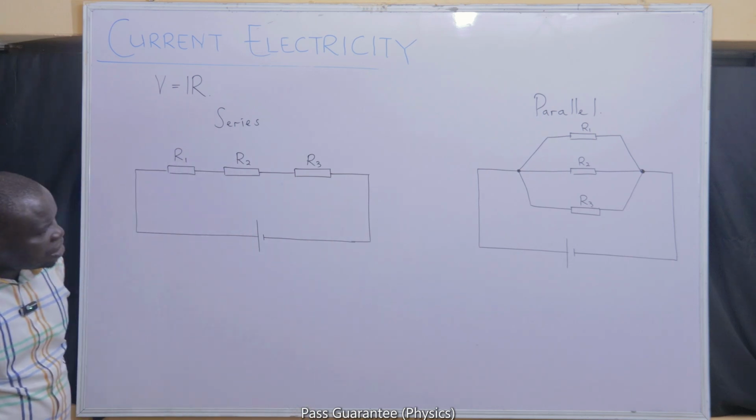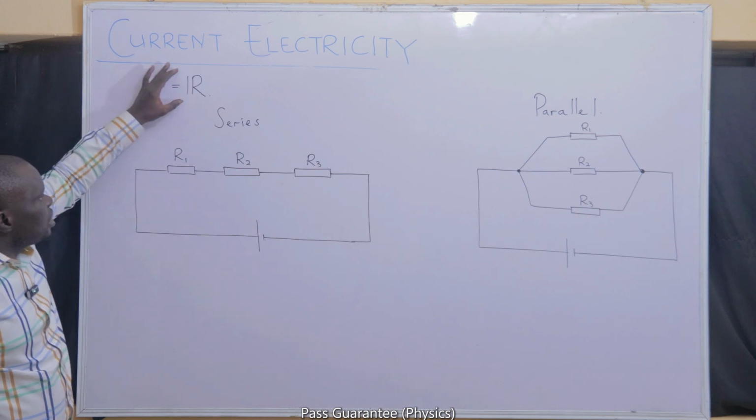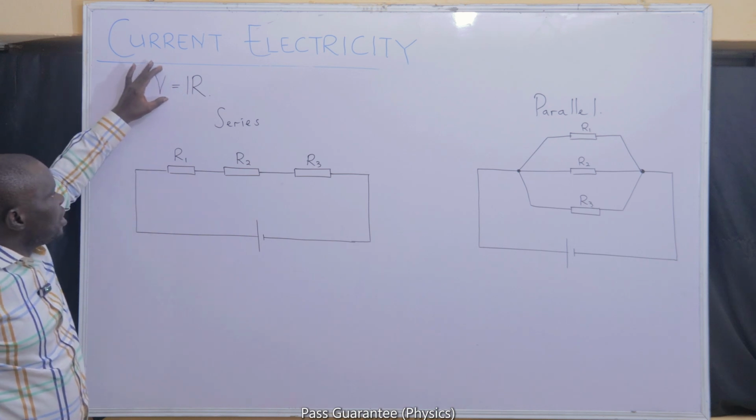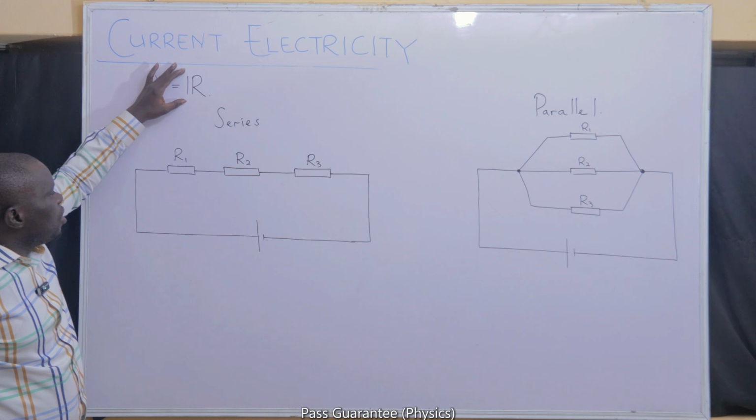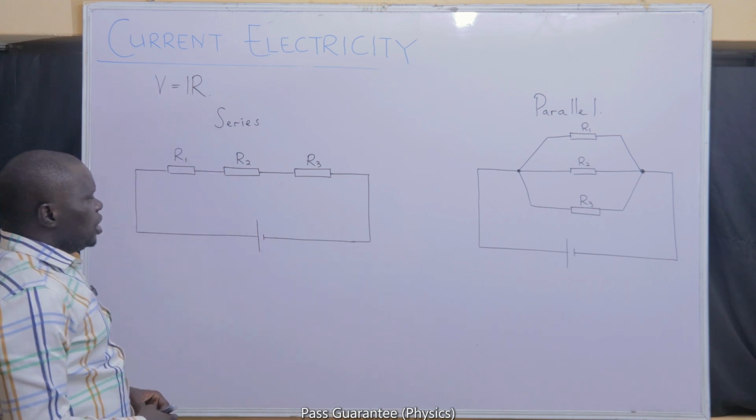Now, for parallel connection and series connection, we need to check how the voltage, or potential difference, and the current will fare in each of these types of connection.